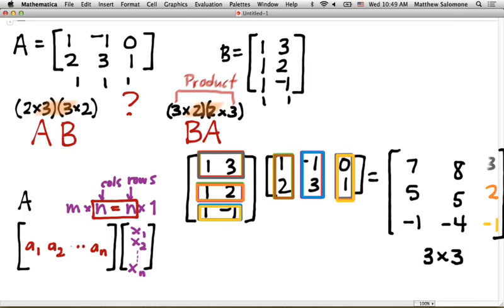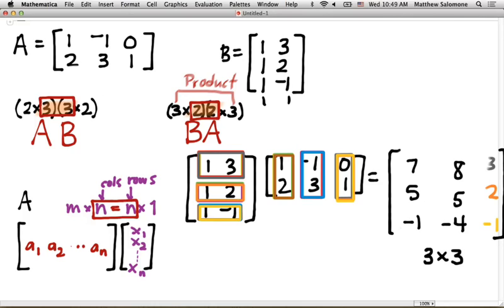And because matrix multiplication is built on the same stuff, that still needs to be the case. Then in order to multiply a matrix by another matrix, we need to have the same number of columns in the first one as we have rows in the second one. And in this example, because A and B have just sort of opposite numbers of rows and columns as one another, it means we can do the product in either order.